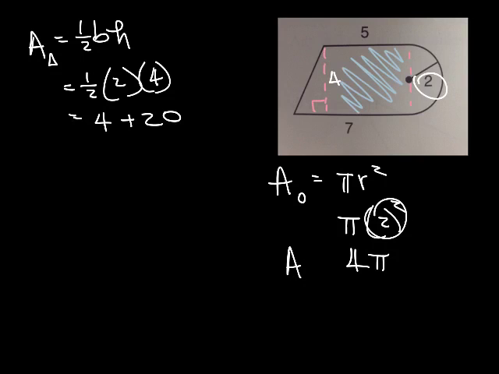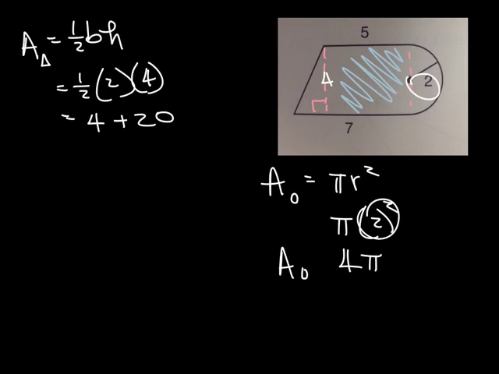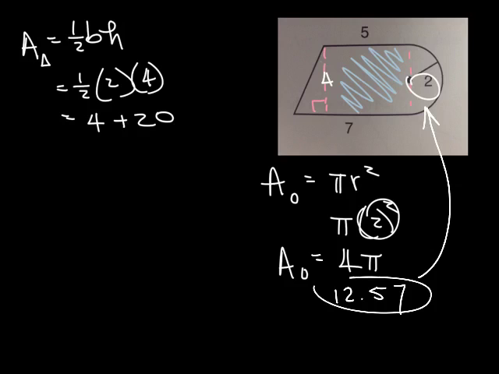So that would be the area of the circle. And if I took my handy-dandy calculator and found out what 4 times pi is, I would get 12.57-ish.